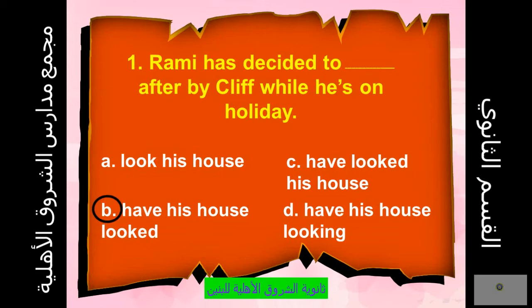It's the right answer because it's causative form, as we have explained before. Causative form transforms the sentence into passive voice by using the verb to have, then the object and the past participle.